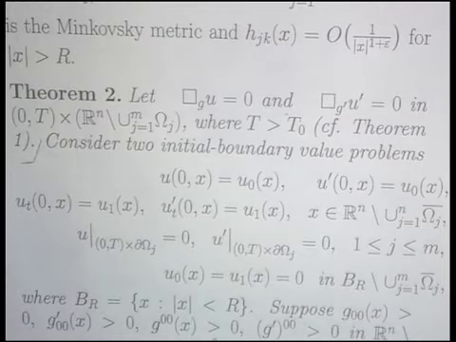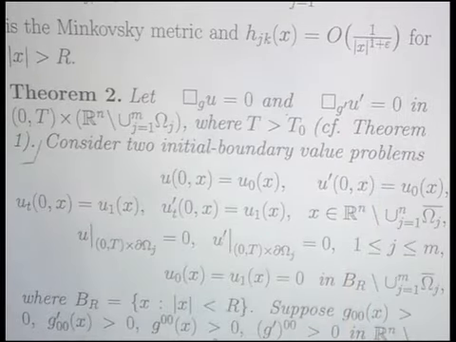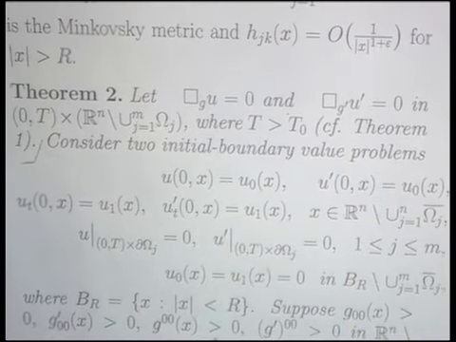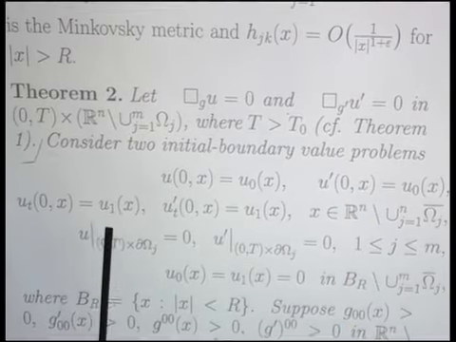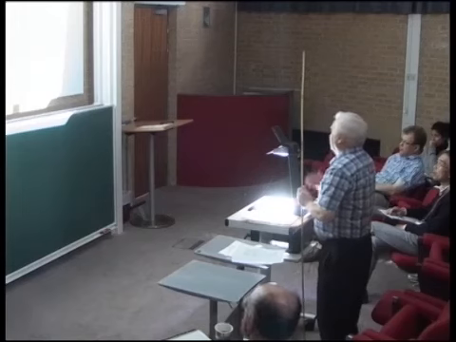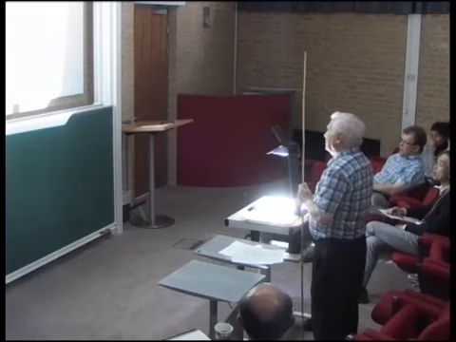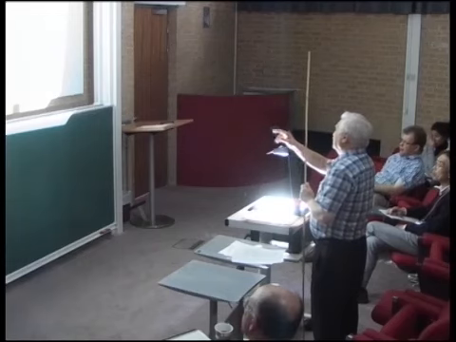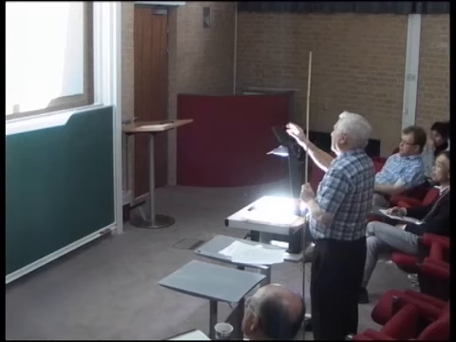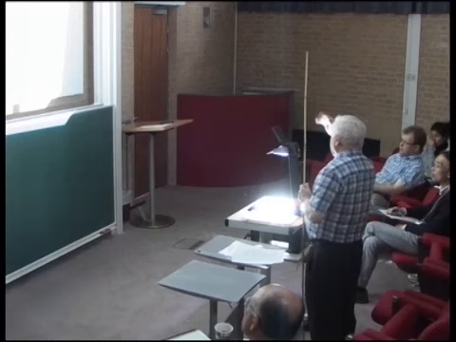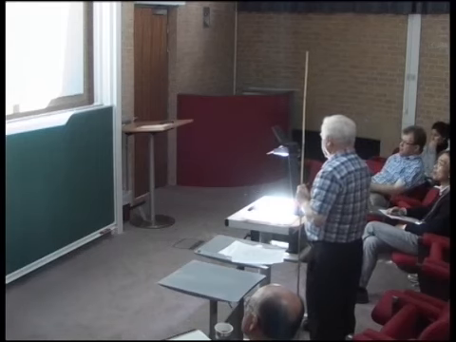This is boundary condition when there are obstacles. And so this is why it's written initial boundary value problem. But if there is no obstacle, it's simply initial value problem. So suppose that conditions G0, G0 prime, conditions of the previous theorem are satisfied.